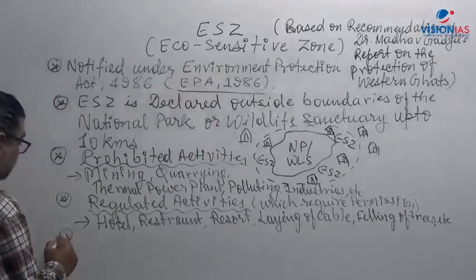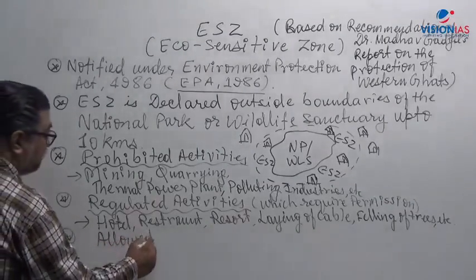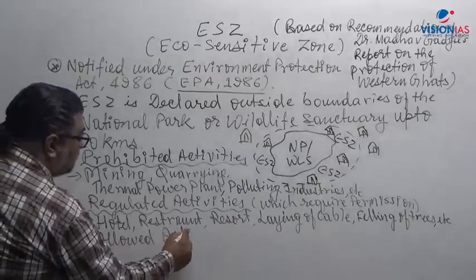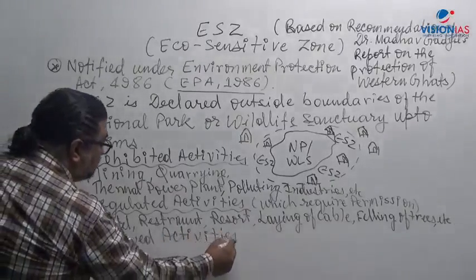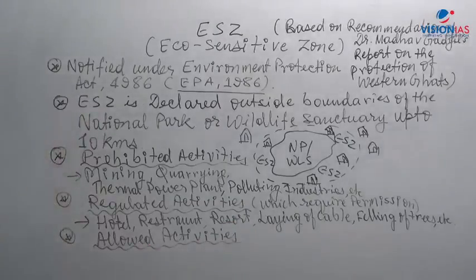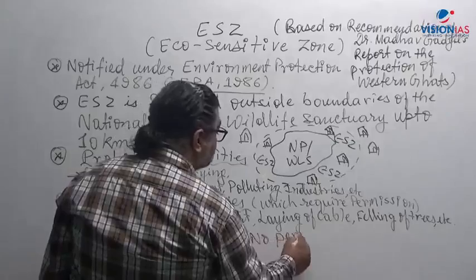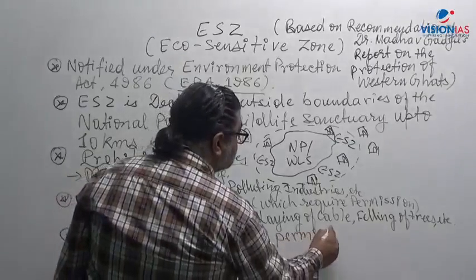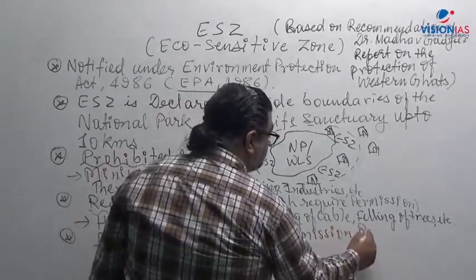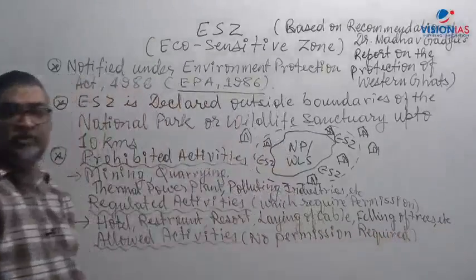Now, which activities will be allowed where you don't require permission of the central government or state government? These are allowed activities, right? No permission required. The local people don't have to take permission.